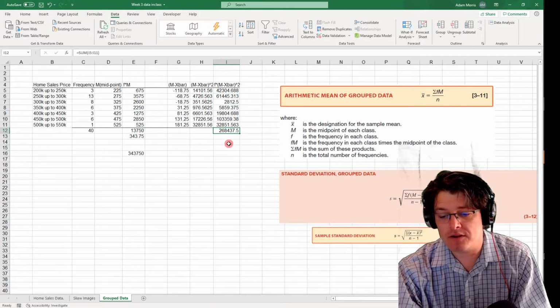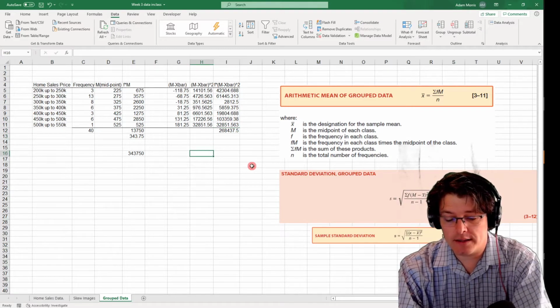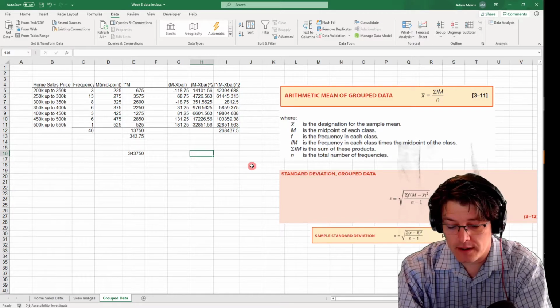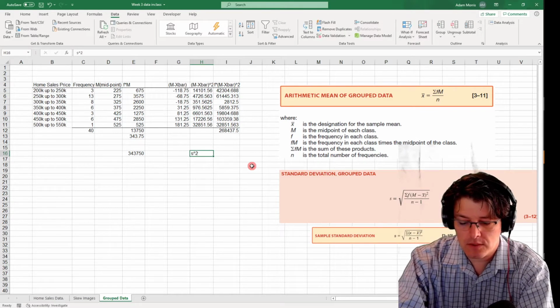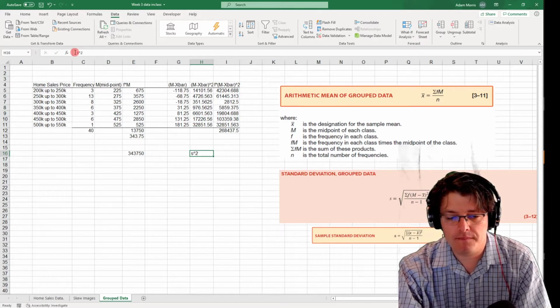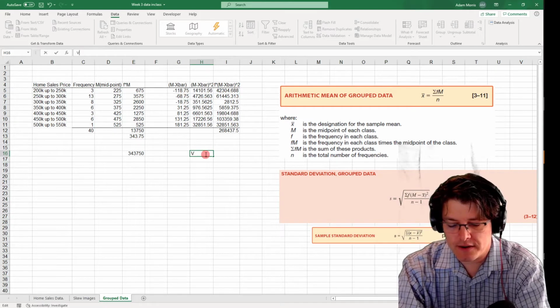Okay, and now we have the numerator. And if we wanted the variance, so s squared, for the variance, maybe we'll just write it as variance.